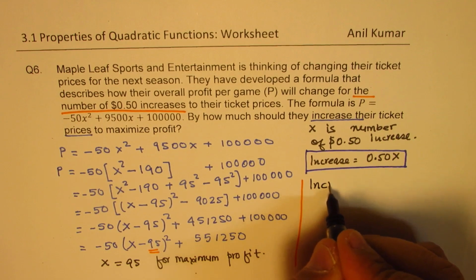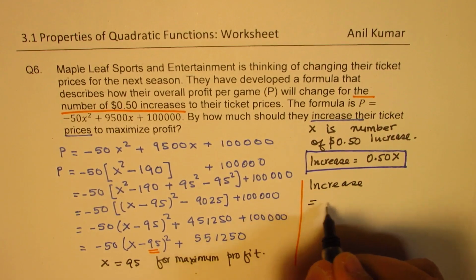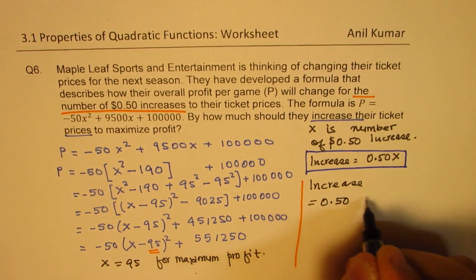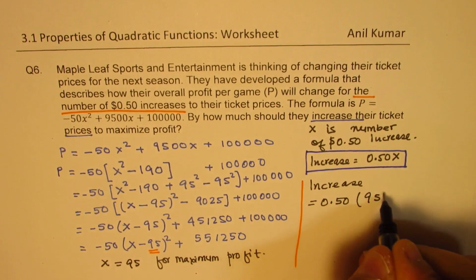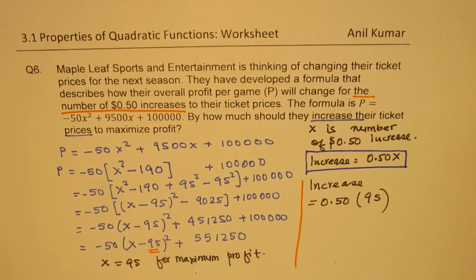However, what is the increase? So the increase here is 0.50 times 95. So it is not $95. It is half of $95, which is the increase. That is kind of important to understand.